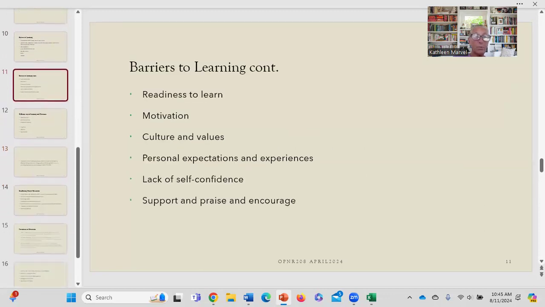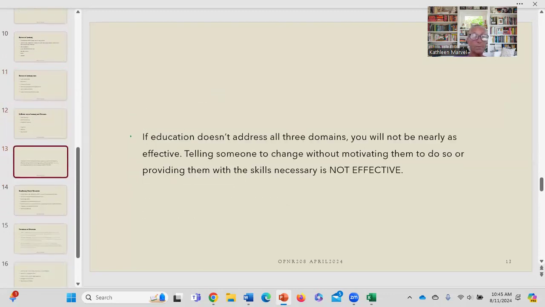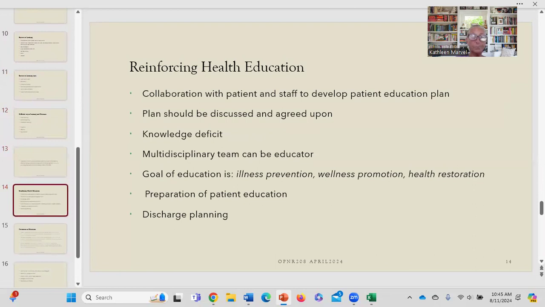So how do we reinforce health education? Well, it's certainly essential that when we're developing patient education, it's done collaboratively with everybody who's going to be affected, with all the disciplines involved to improve patient care.